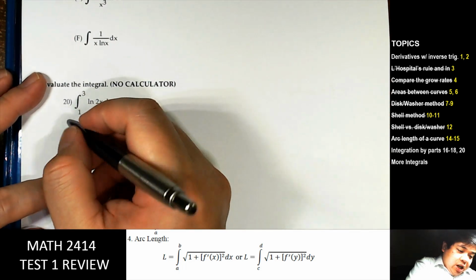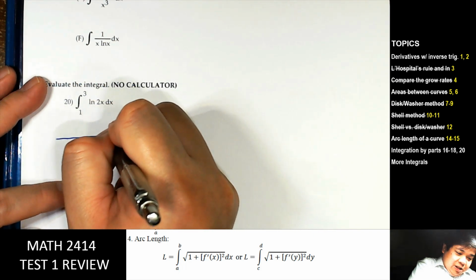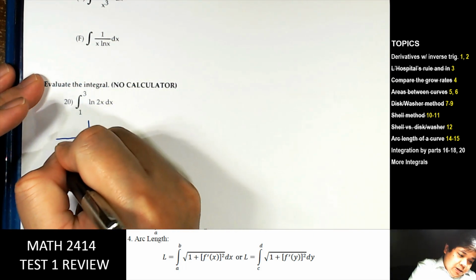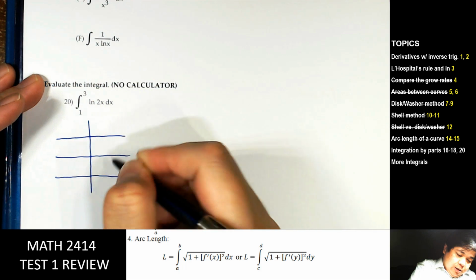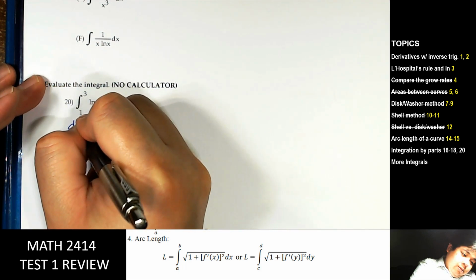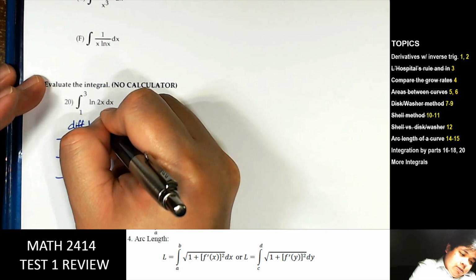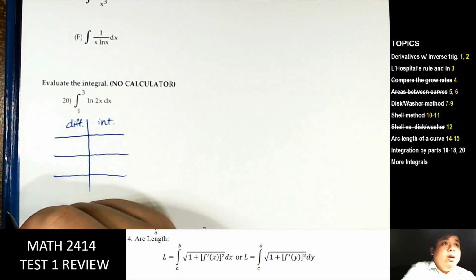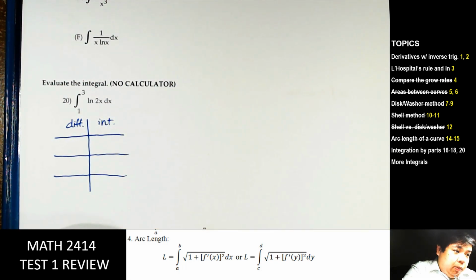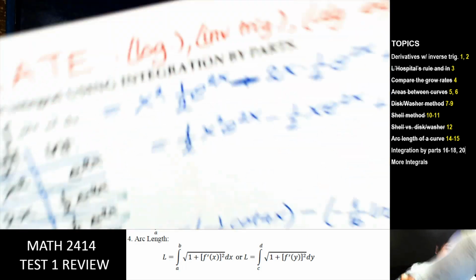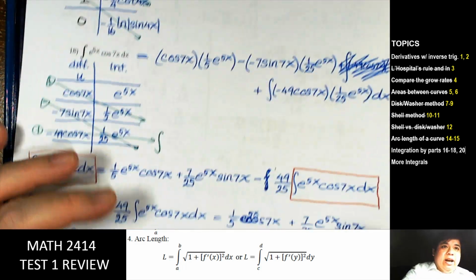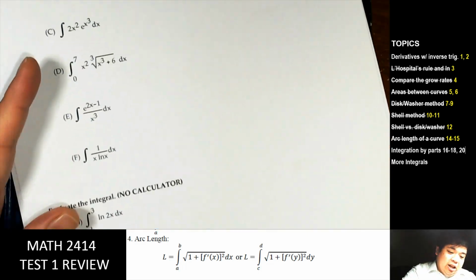Right, and then we use a table again. We check that list, and it doesn't look like we have anything here.